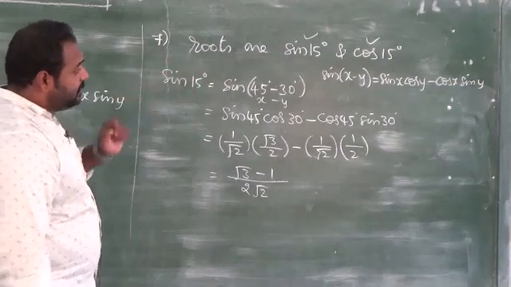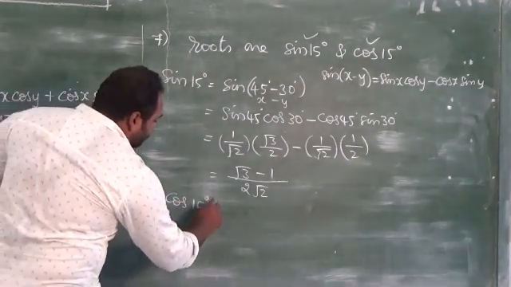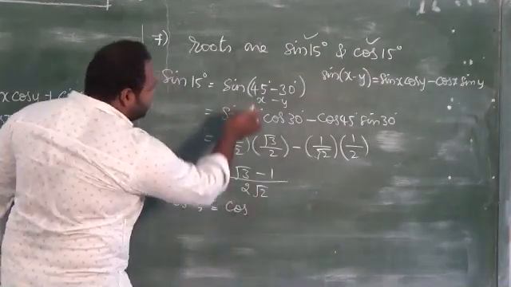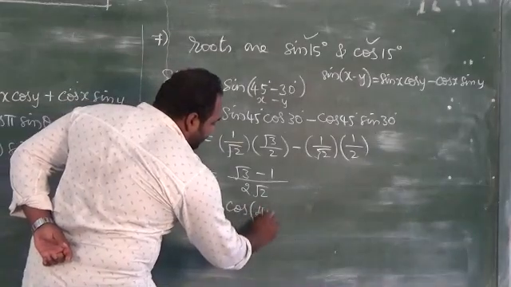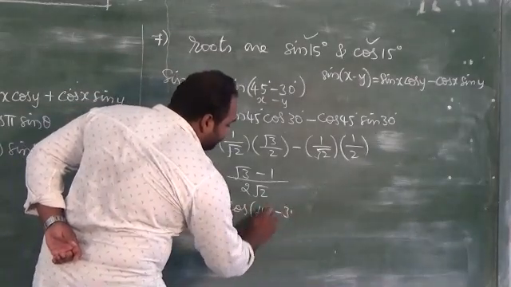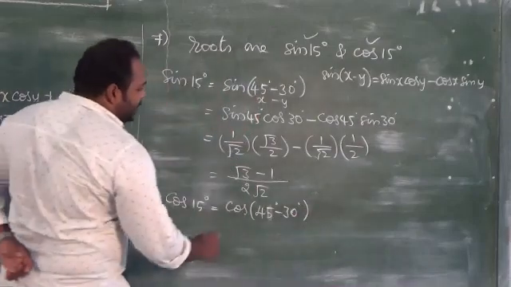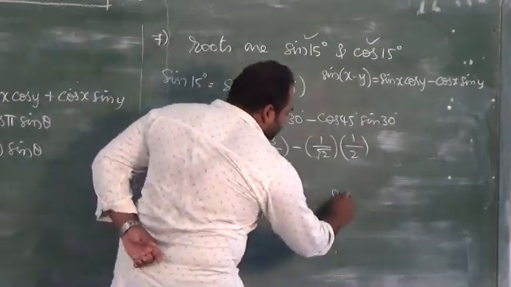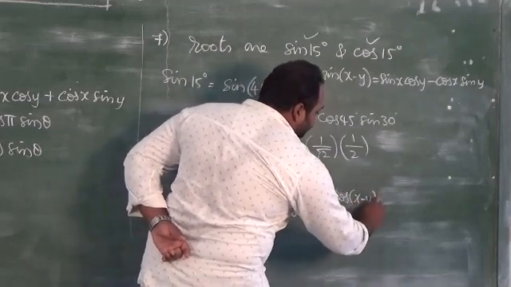Next I am going to find out cos 15. Cos 15 degree can be written the same as the first one, 45 degree minus 30 degree. So this can be expanded by using the cos x minus y formula.